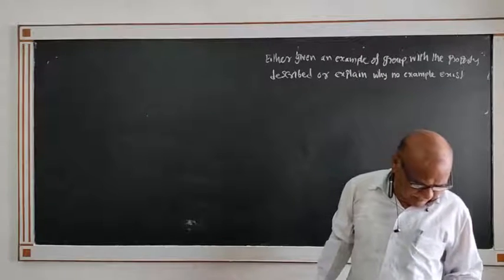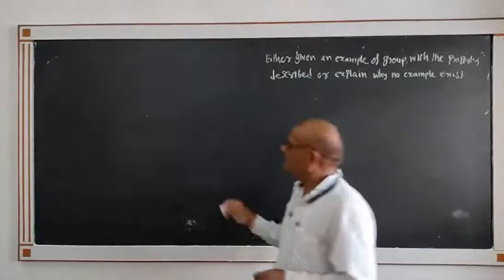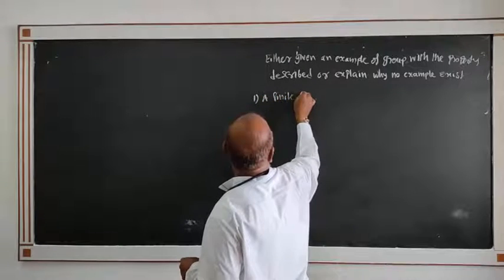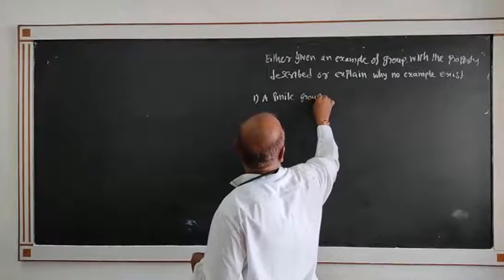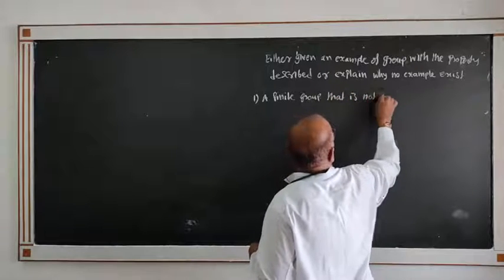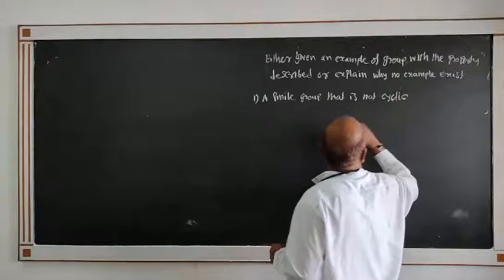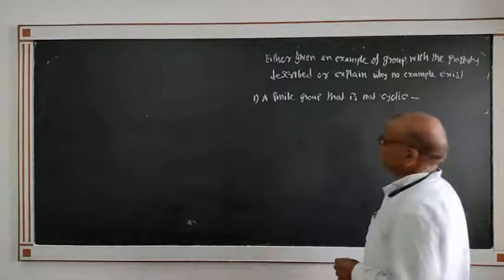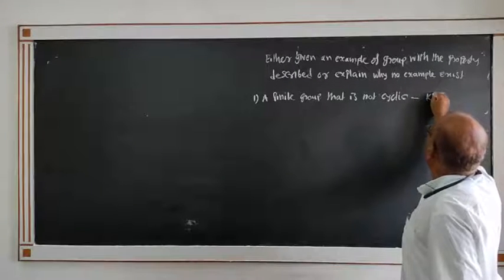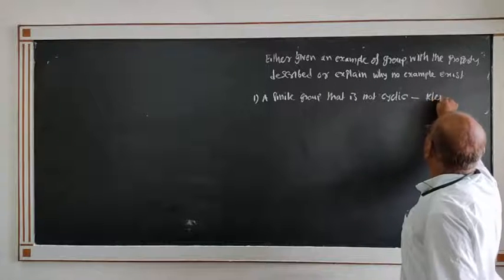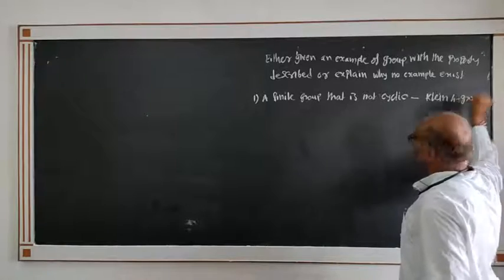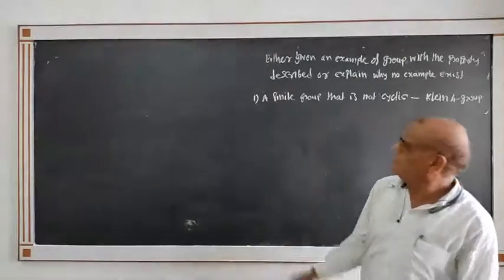First, a finite group that is not cyclic. Here, the Klein 4 group, that means the V group.